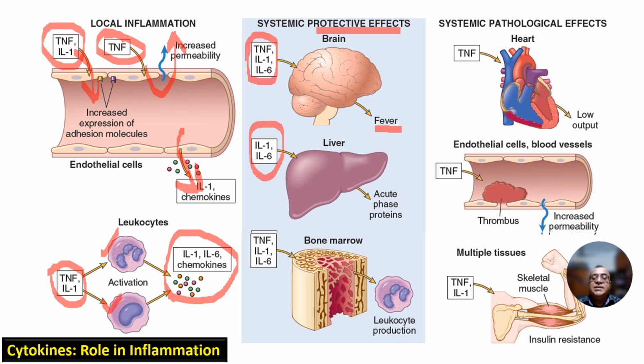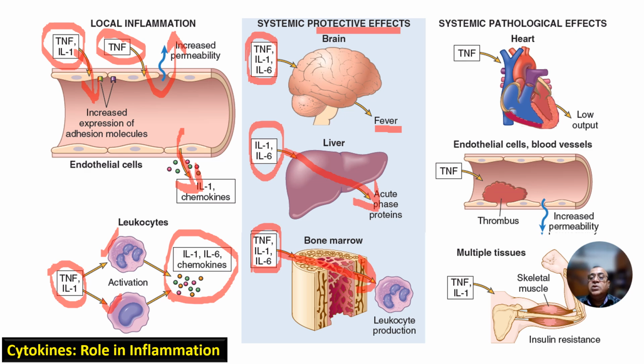Interleukin 1 and 6 act on the liver and are responsible for release of acute phase proteins, and interleukin 1, 6 and TNF act on the bone marrow and induce the production of leukocytes.